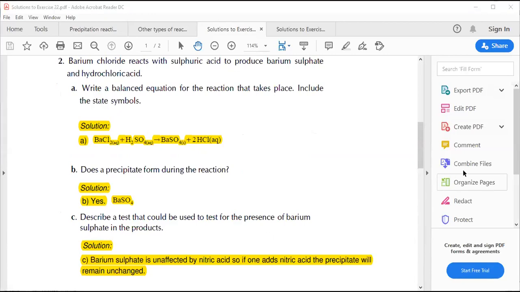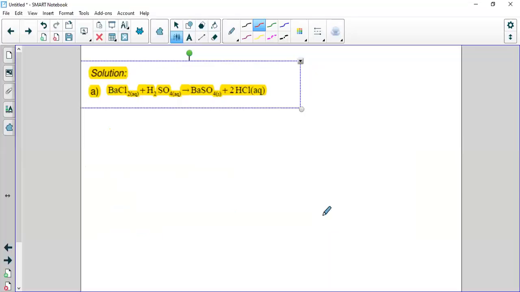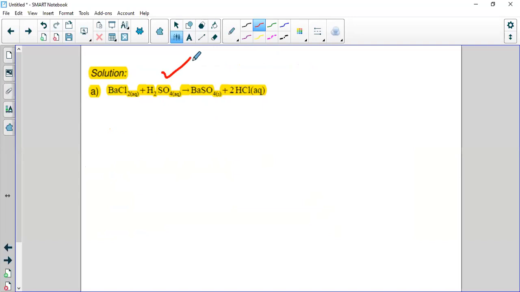This one here. When you mark this, okay, yeah, it is here. So when you're marking, you're going to check your reactants, the formulas, are they correct, you get a mark.